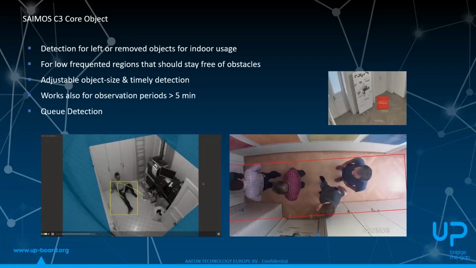Customers use it, for example, in retail stores to detect theft on counters, or also in a museum use case if you want to detect if something was removed, but also in a security use case if you, for example, want to guarantee that nothing is standing in front of an emergency exit, or that no one loiters in an area where you don't want to have people loitering.